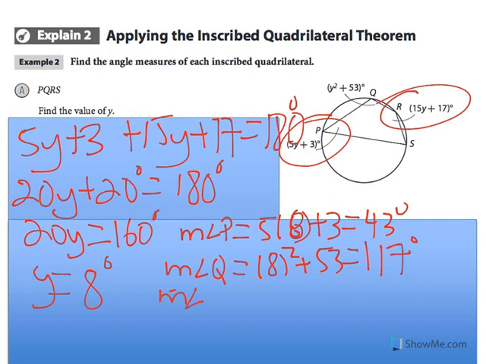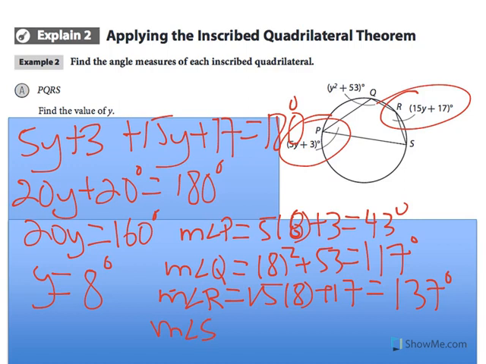Angle R is equal to 15 times 8 plus 17, so that's 137 degrees.